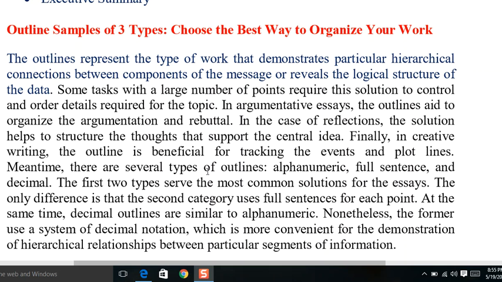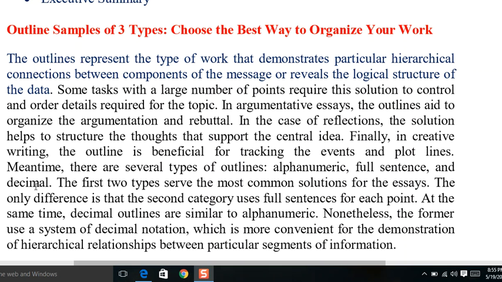Here they have given the types of outline: alphanumeric, full sentence outline, and the decimal outlines. Students, you must understand that generally the methods of outlines are slightly different, and when these outlines have to be converted into a table of contents, then they take another shape according to the style of outline writing.